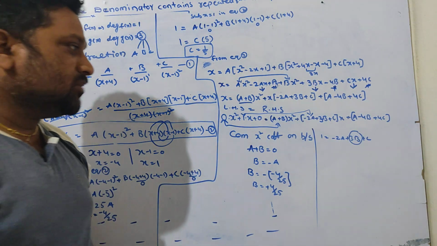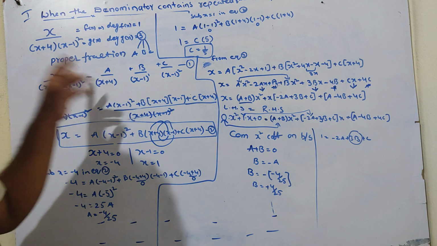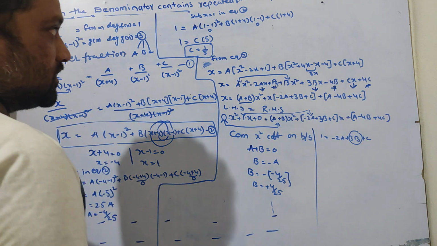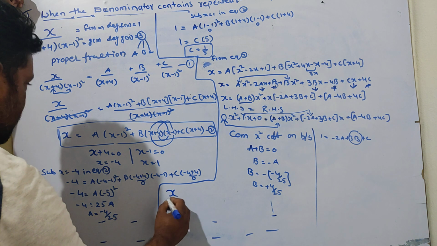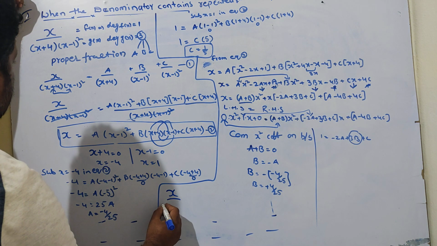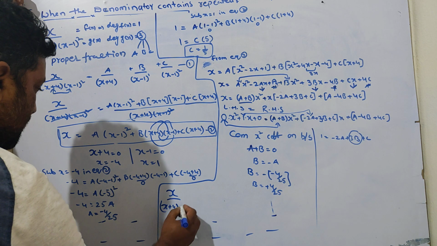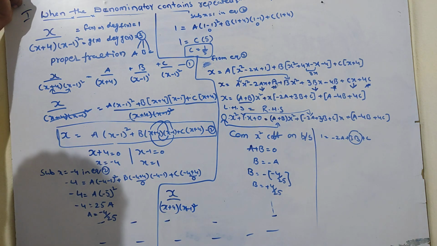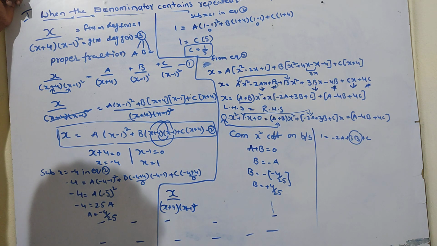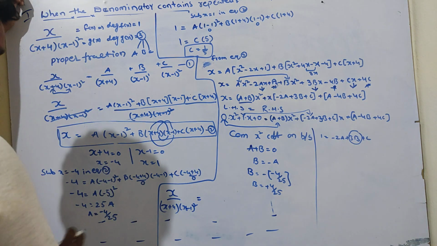So after getting a, b, c, we have to substitute in equation 1. That is x of, what is the question? x plus 4 and x minus 1 whole square is equal to, what is our a value?